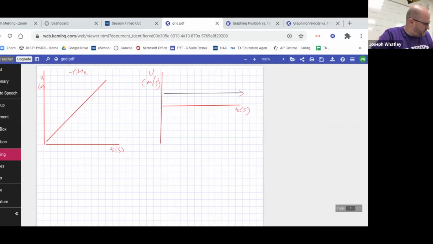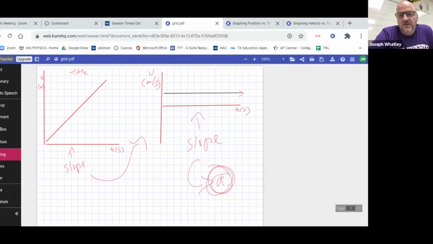The slope of this gives me acceleration. Okay? So we get acceleration based on the slope of the velocity graph. We had a constant velocity. There was no acceleration. Now, if we had a change in velocity, we would get an acceleration.